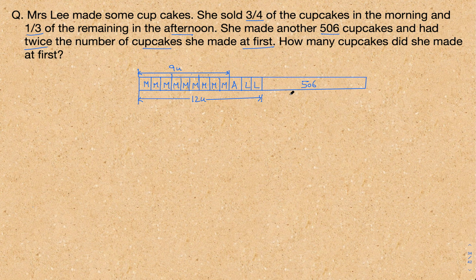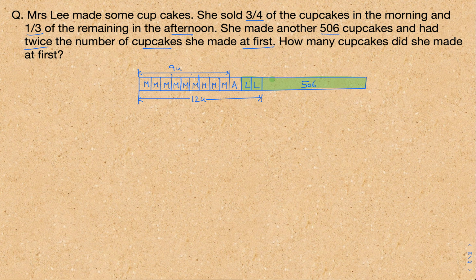So let me highlight what she is left with at the end after making 506 new cupcakes. She is having those new cupcakes, 506, and the two units of leftover cupcakes from what she had made before. So in total, this is what she is left with.